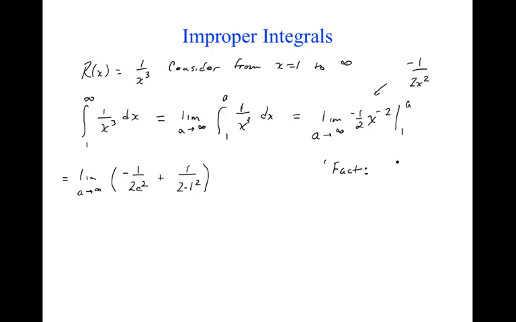So the fact is that the limit as x goes to infinity of 1 over x to the p equals 0 as long as, what do we need p to be in order for this thing to go to 0?